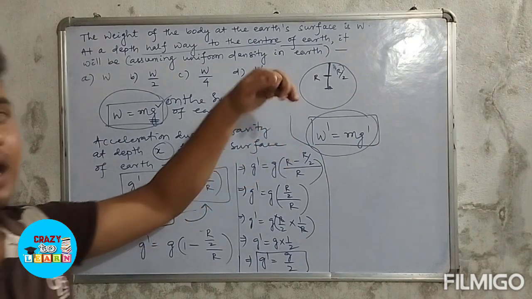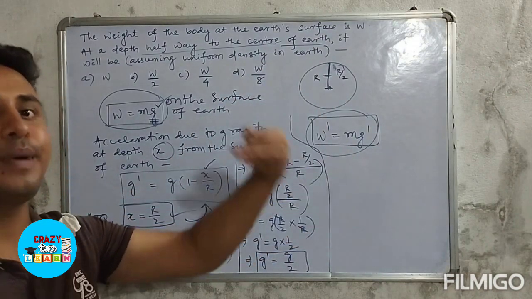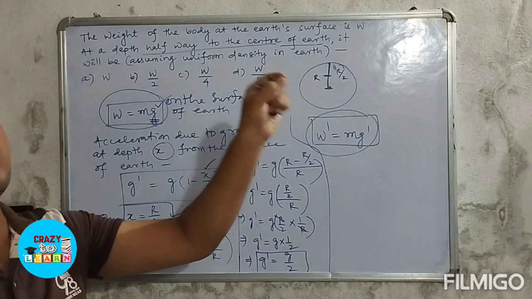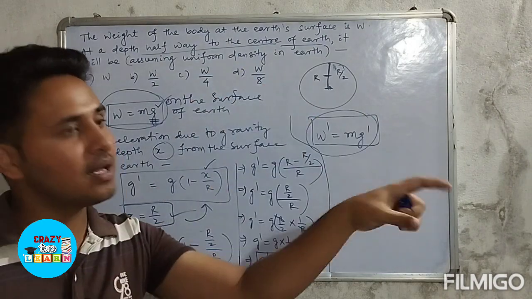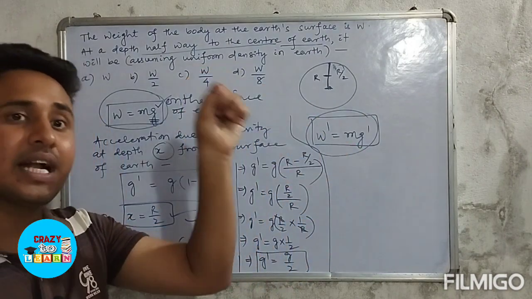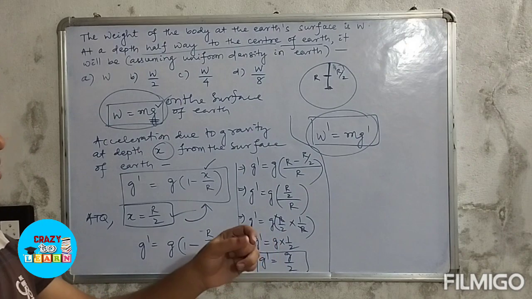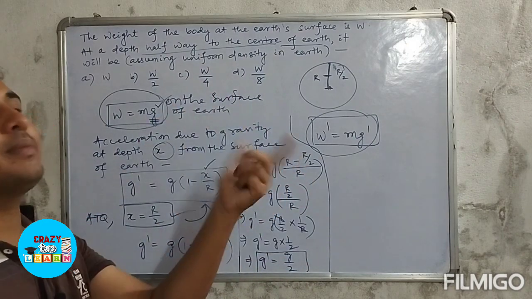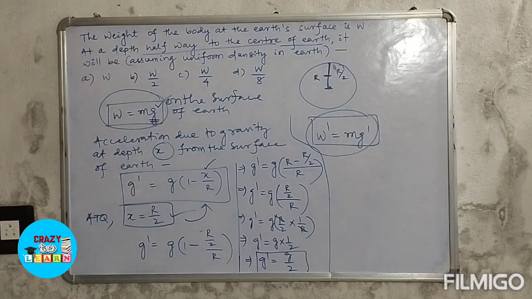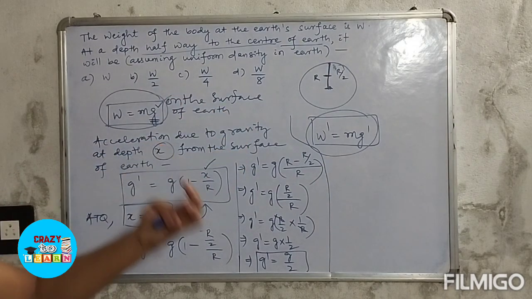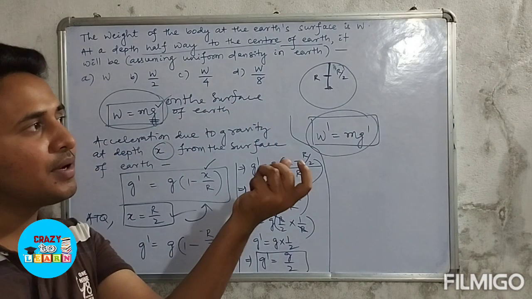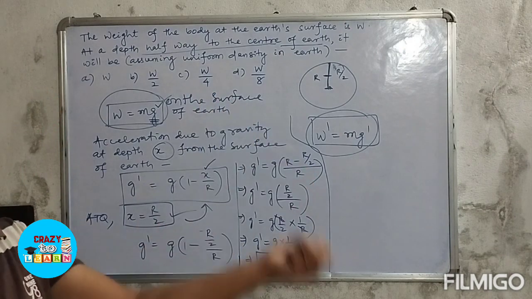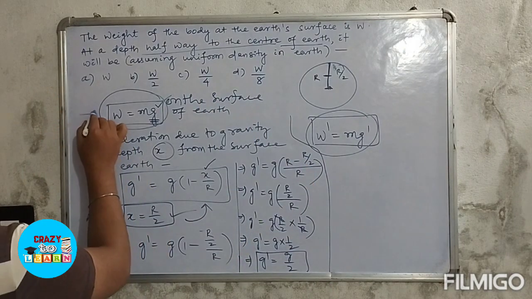We multiply the mass with the acceleration due to gravity at that depth to get the weight. On the surface of the earth, the weight is mass of the body into acceleration due to gravity on the surface of the earth, which was the formula.